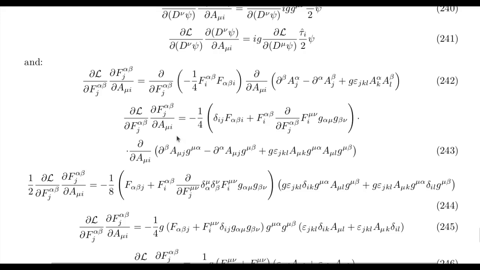Then the first derivative of A and A itself are independent variables. That means that the first term and the second term vanish. So we have only this term here.